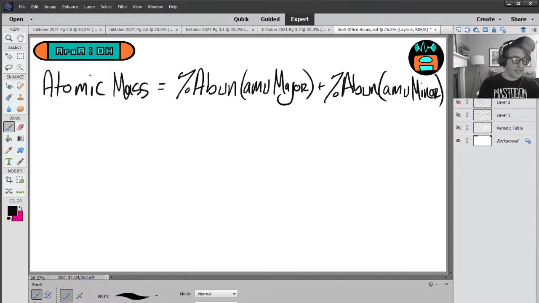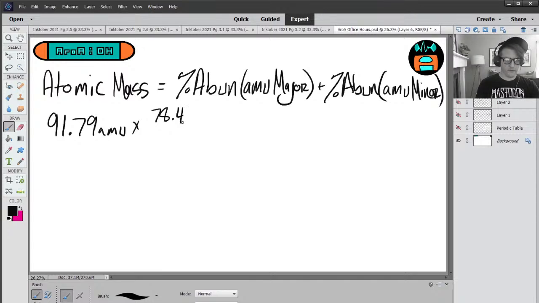So let's go ahead and take our major isotope, whose atomic mass is 91.79 AMU, and we need to multiply this by our percent abundance, 78.40 over 100, because whenever you multiply a number by a percentage, you always do the percentage over 100.